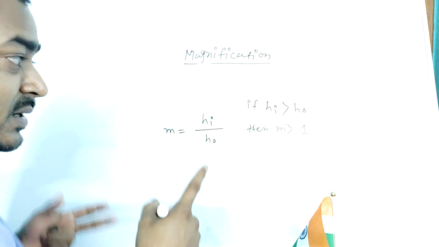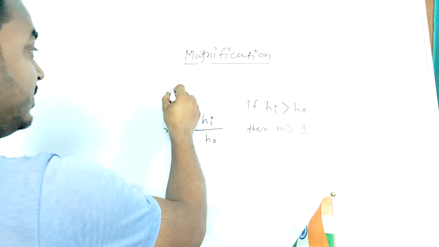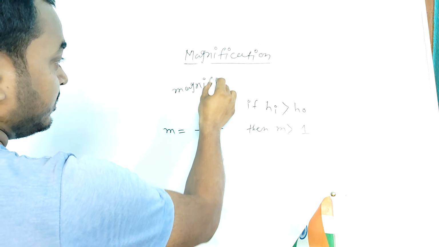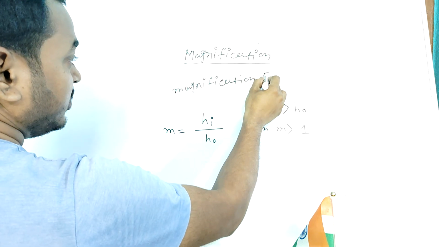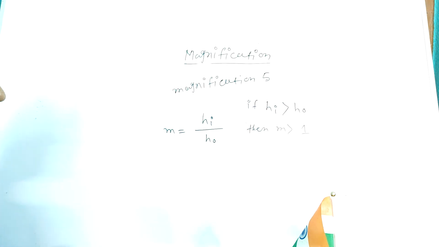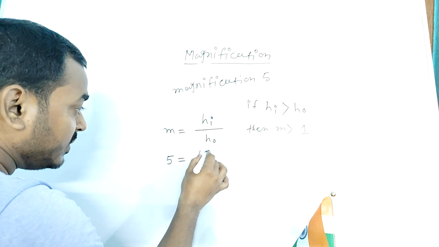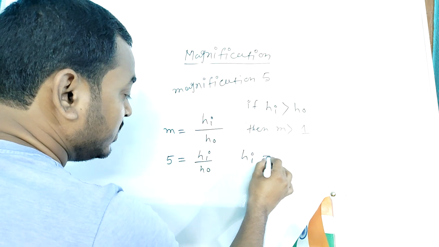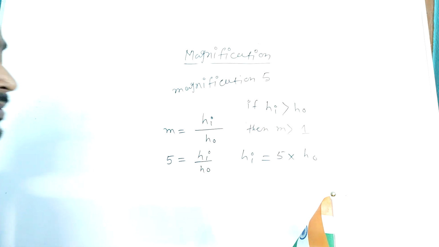So for example, if the magnification is given as 5, it means put m equal to 5. So height of image by height of object, cross multiply, height of image is 5 times the height of object.